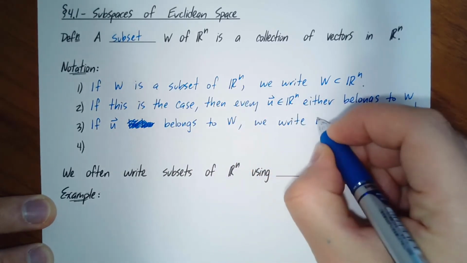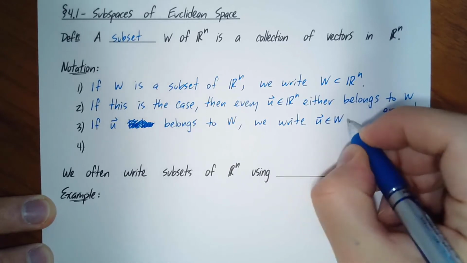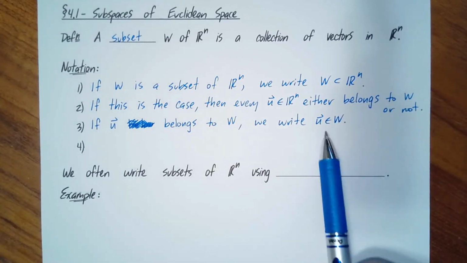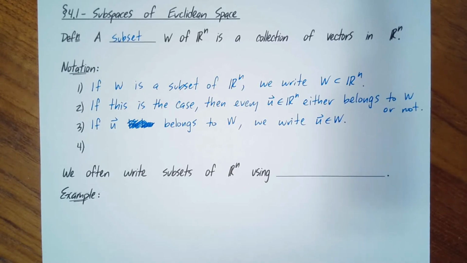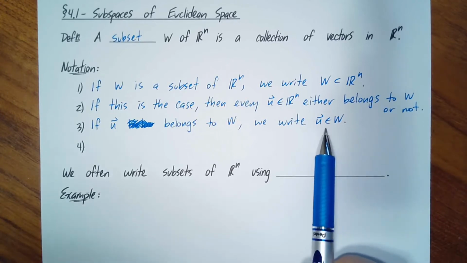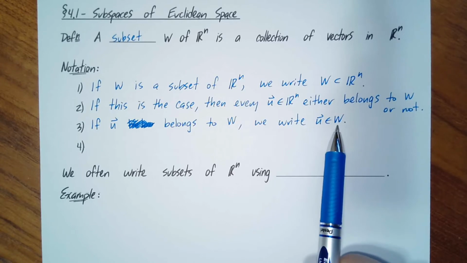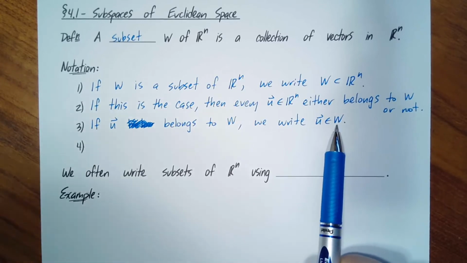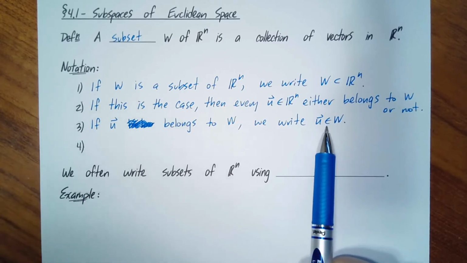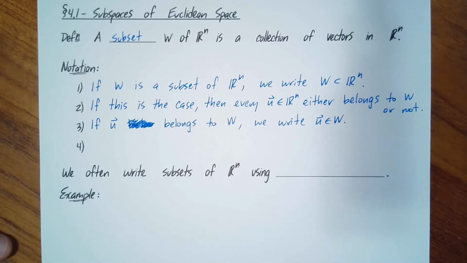We write U is an element of W. We've kind of already been using this notation. This notation is how we say that we have a vector that belongs to Rn. And really it's the same notation and it means the same thing. So this is how you would say that a particular vector U happens to be one of the elements inside the subset W. This symbol here just means is an element of or belongs to. We've mentioned it before, but now we'll talk about it again.